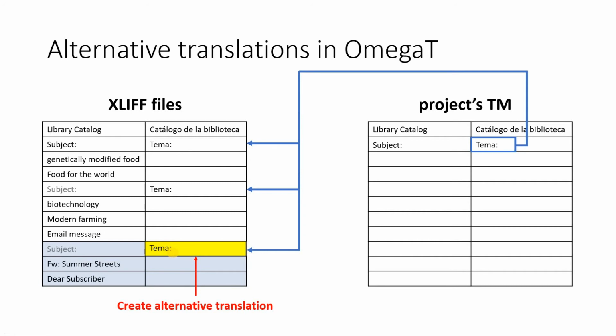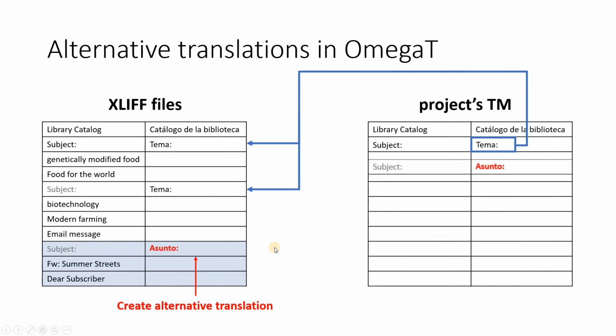So you need to create the alternative translation fewer times. Okay, so when we create the alternative translation in this segment, the autopropagation of the default translation from the TM is removed. And then we can replace the original translation with the new correct translation.